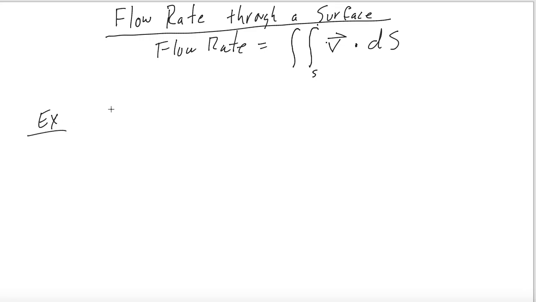So our example is, now we're going to revisit our old friend, this triangle, with vertices at 1, 0, 0, 0, 1, 0, and all that.